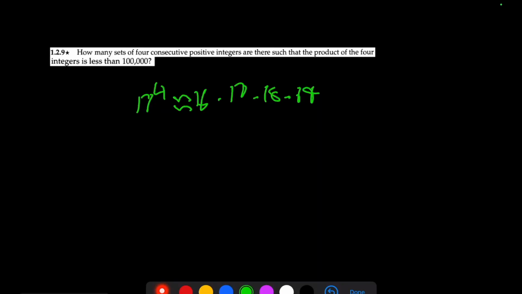And just to check, that value is indeed below 100,000, with the value of 93024. And just to check, the value above that, 17 times 18 times 19 times 20, is greater, at 116,280.